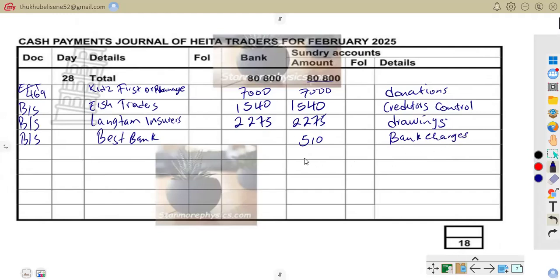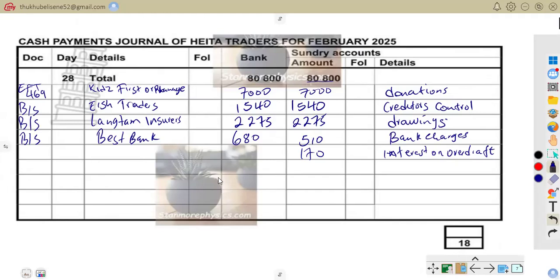Then again, we're going to have 170, which we know for sure is interest on overdraft. So when you add 510 and 170, this is going to give us 680. That is the amount that goes into the bank. Hope we are together on that.